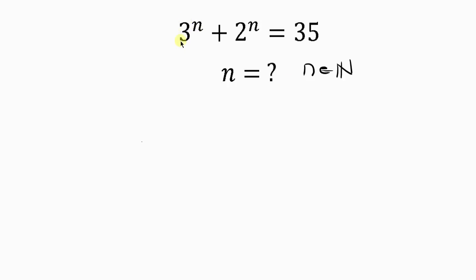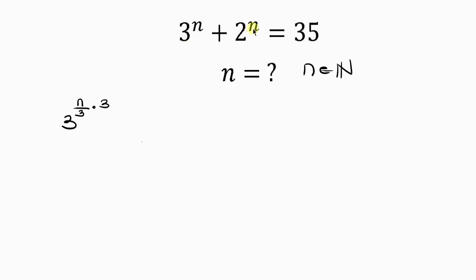So our first step will be to take 3 to the n, divide it by 3, and also multiply by 3. The reason is because when you divide by 3 and multiply by 3, the 3 and this 3 can cancel out, leaving 3 to the n, which means nothing has really changed.